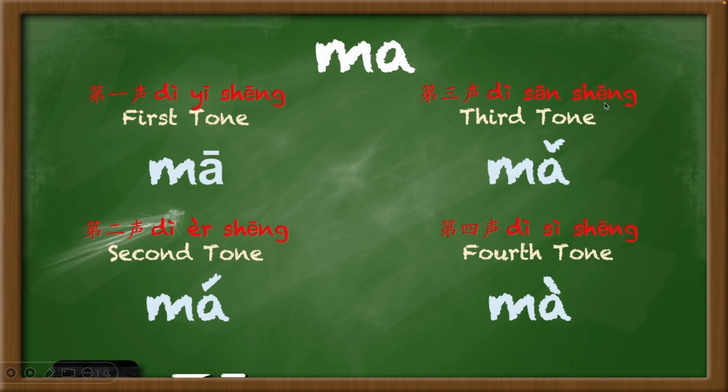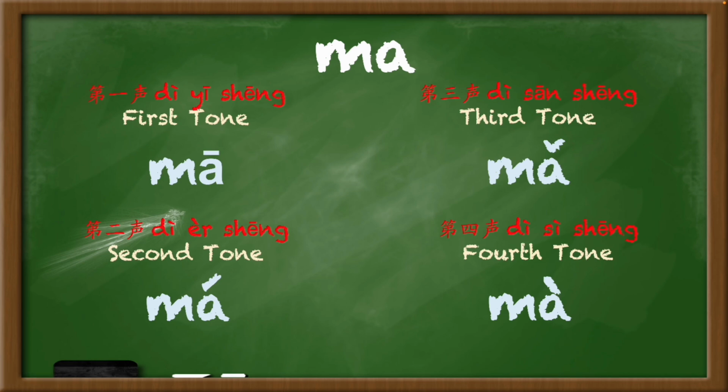And ma in the third tone means horse. And ma in the fourth tone means to curse or to scold. So as you see, they all have the same pinyin ma, but because they have different tones, they all have different meanings.